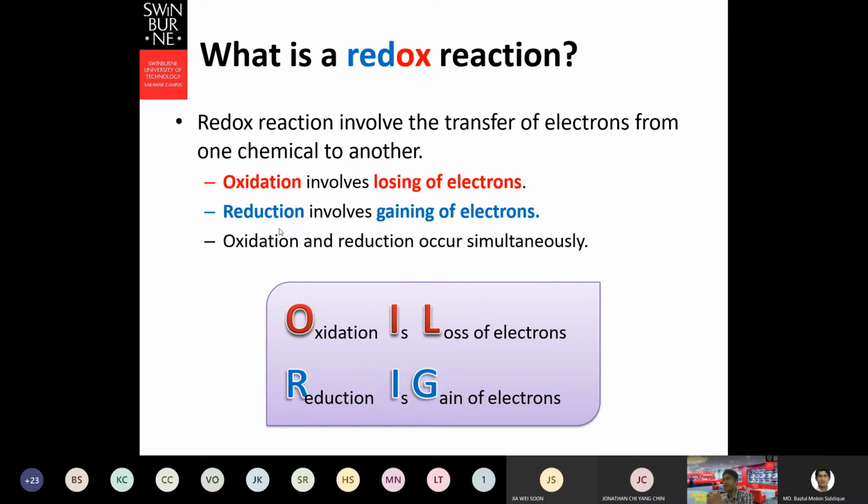The red is coming from reduction, and ox is coming from oxidation, but let's talk about oxidation first. The mnemonic for oxidation reduction is OIL RIG. I believe you know what an oil rig is.